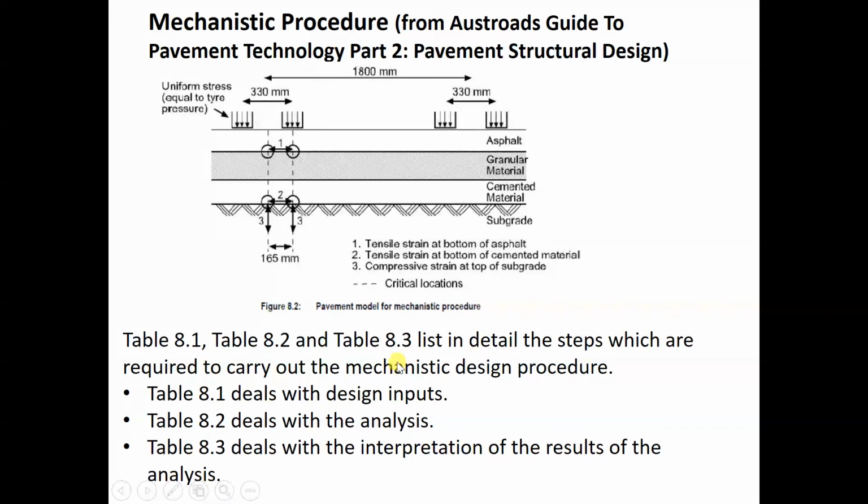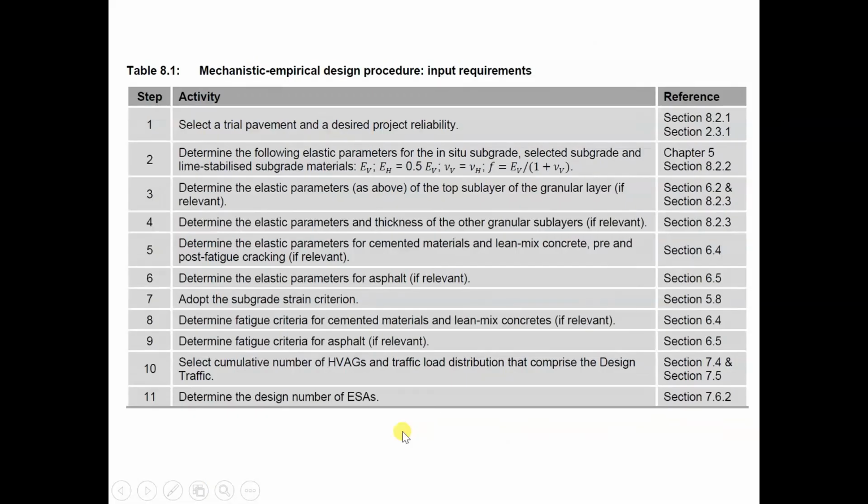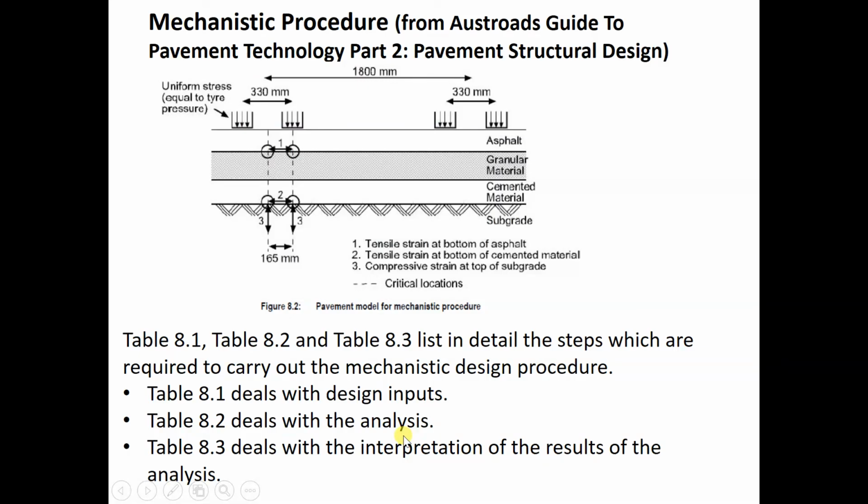So for the mechanistic procedure, I think we talked about this before. Based on this, there are three criteria. One is the tensile strain at the bottom of the asphalt. Two is the tensile strain at the bottom of the cemented material.